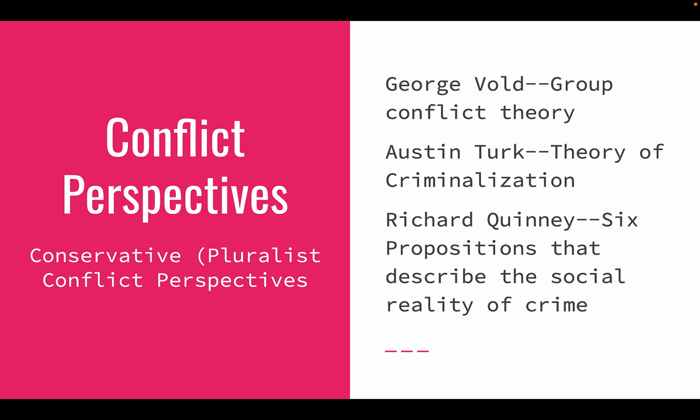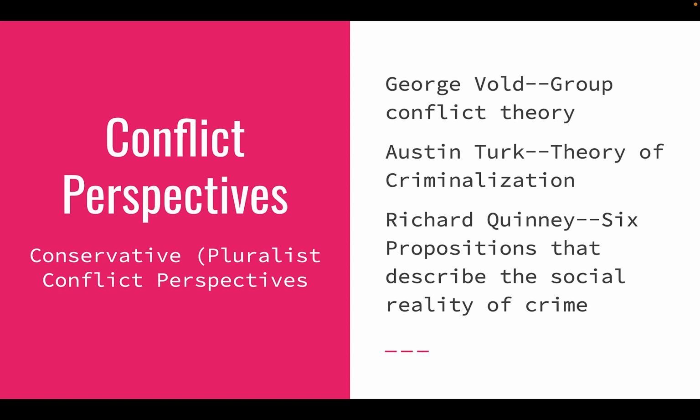Proposition 3 is application of criminal definitions. Criminal definitions are applied by the segments of society that have the power to shape the enforcement and administration of criminal law. Proposition 4. Development of behavioral patterns in relation to criminal definitions. Behavioral patterns are structured in segmentally organized society in relation to criminal definitions, and within the context, persons engage in actions that have relative probabilities of being defined as criminal.